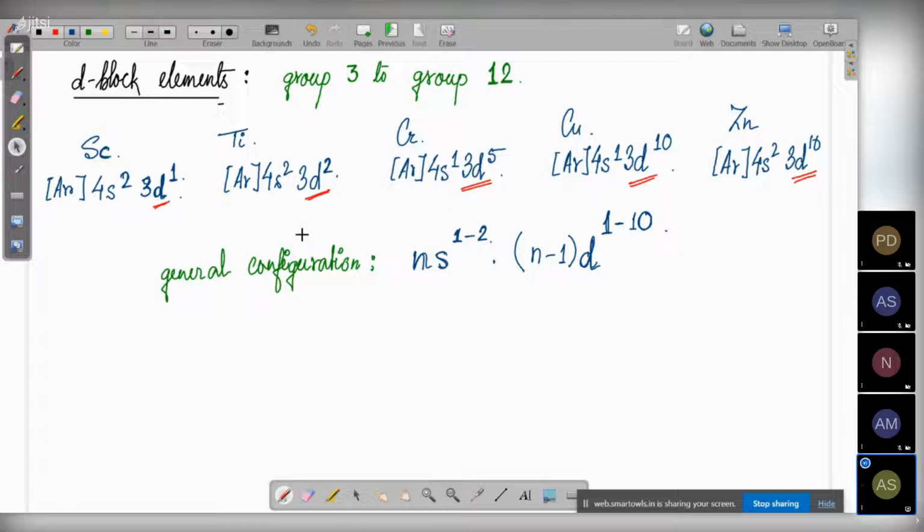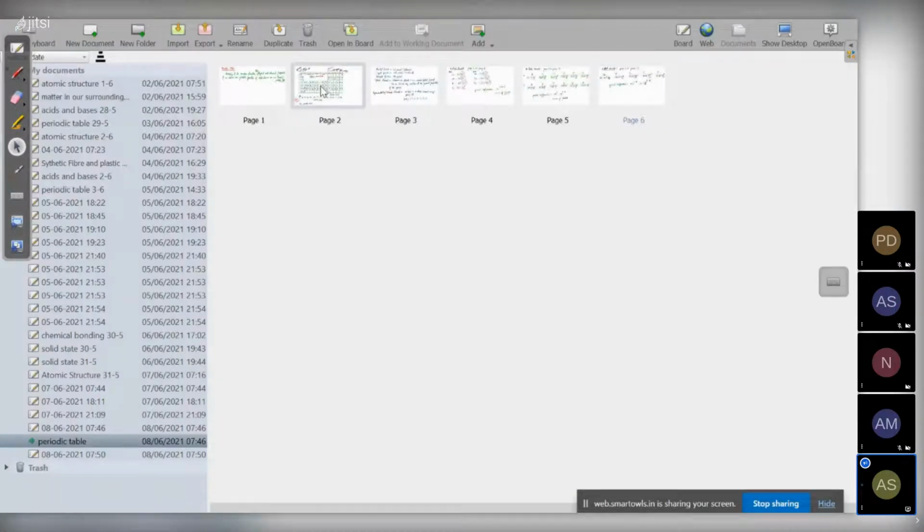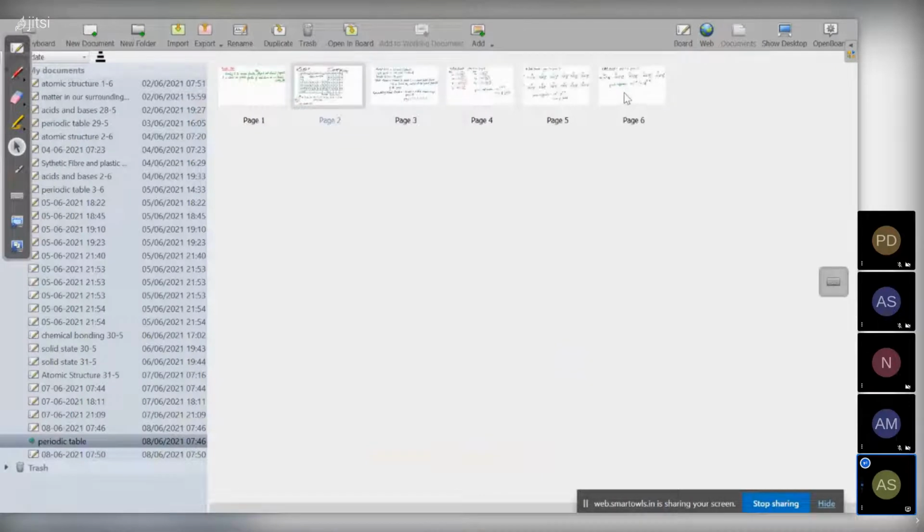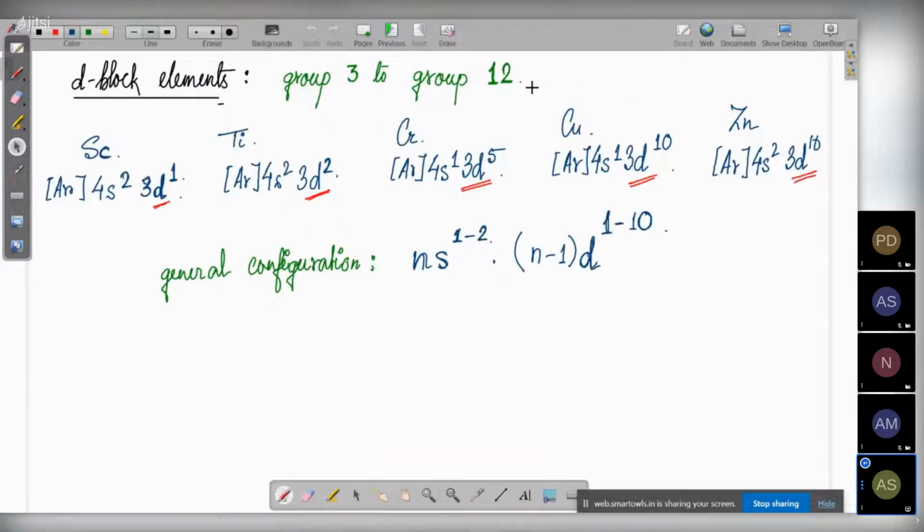Let's see. We have heard about this thing called transition element. So what is this transition element? I have already said that d block elements, if you see the periodic table, are known as the transition elements. Any idea what we mean by the transition element? Because you have learned it in lower classes. What are transition elements? Tell me.